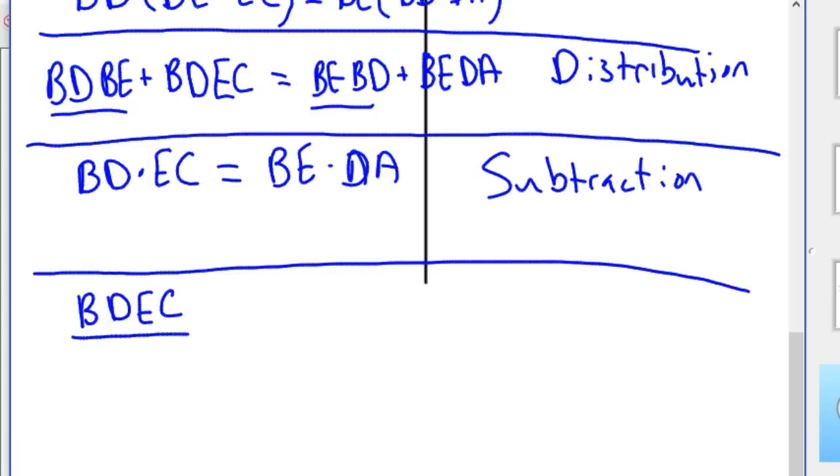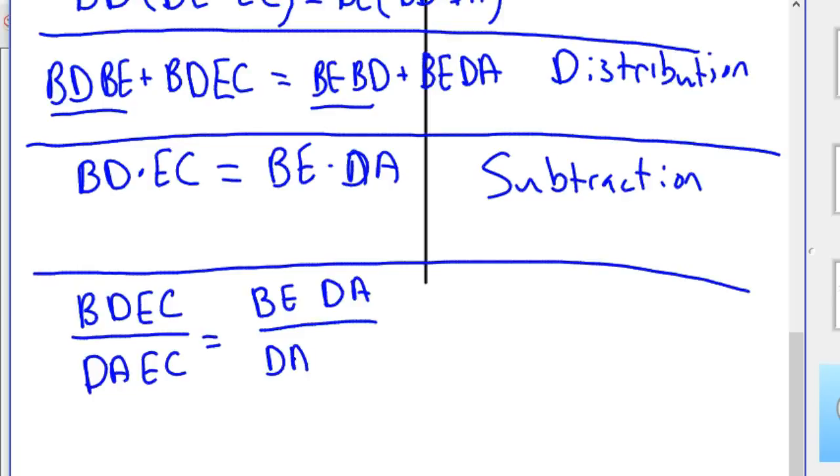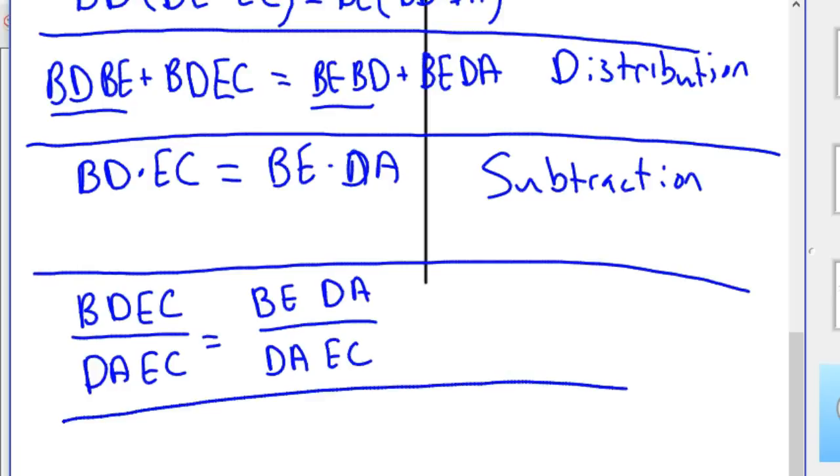I'm going to combine it into one step. So divided by DA times EC, and we're going to take that top here, BE times DA, divided by the same thing, DA times EC, that's multiplication of equality again.